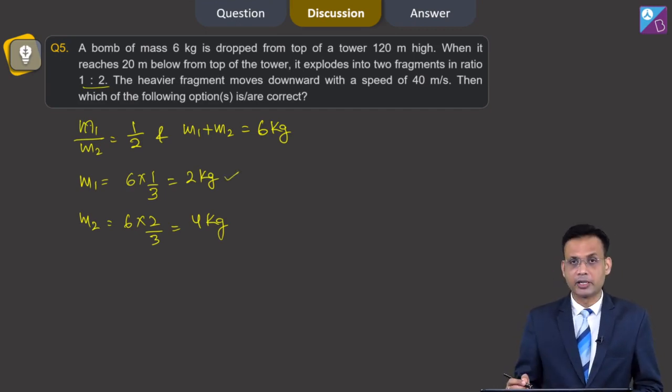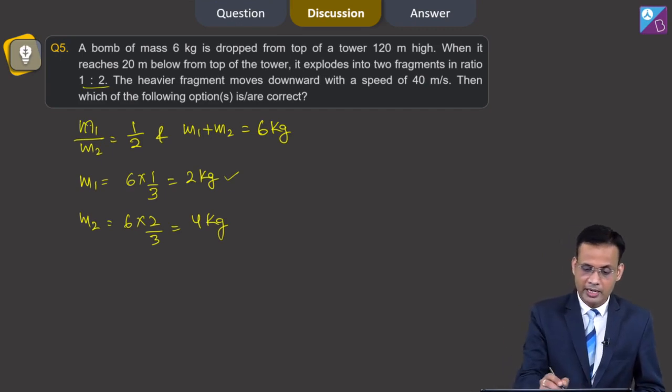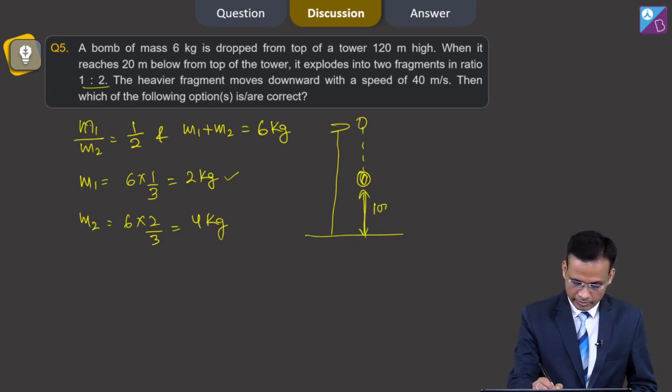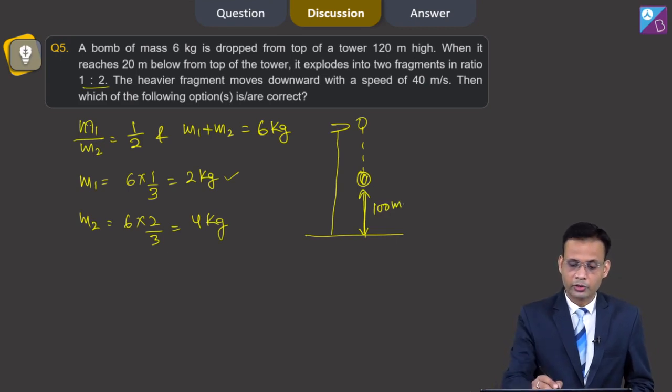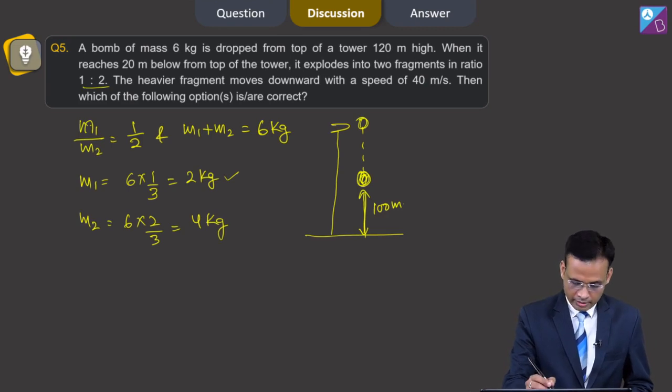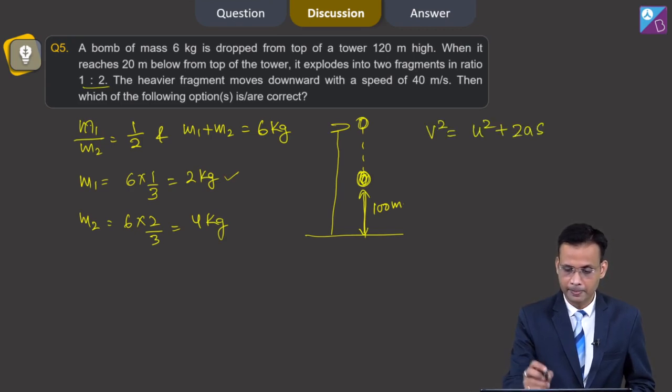Now, according to the question, the bomb explodes at a height of 100 meter. So, let us first calculate the speed of our bomb at this height. By using the kinematics equation, v square equals u square plus 2as.